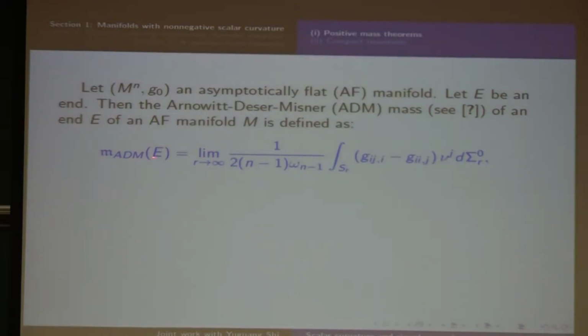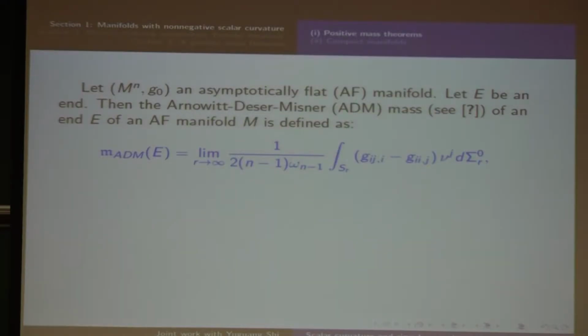The ADM mass defined for this end is given by this formula, where g_ij is the metric in terms of the Euclidean coordinate. Of course, we assume this is asymptotically flat. That means near infinity g_ij looks like delta_ij. Then we look at this quantity and take the limit. Then this is called the ADM mass of this end.